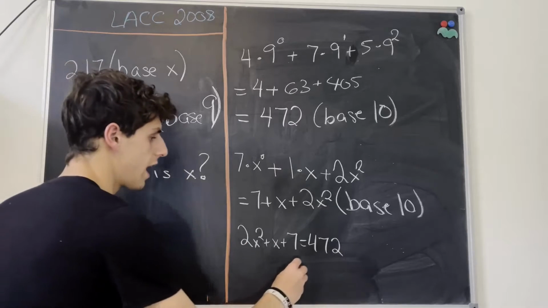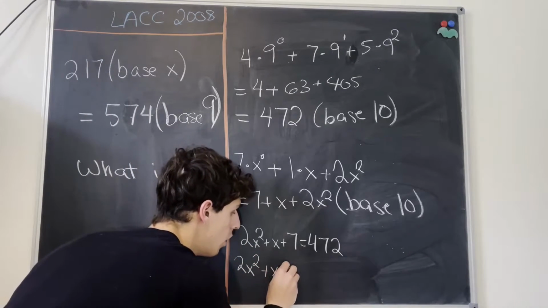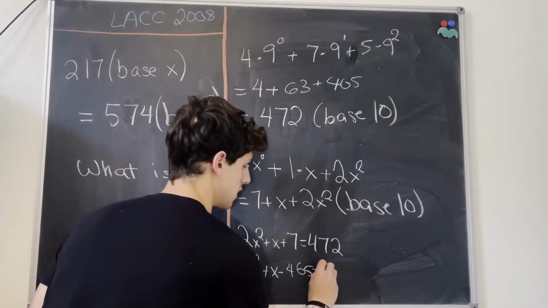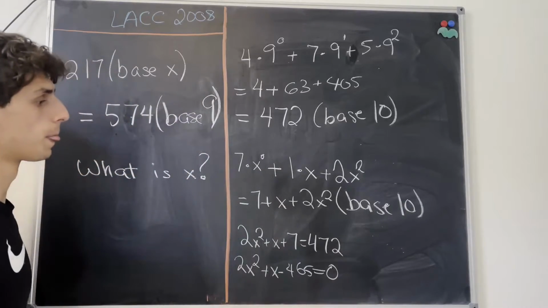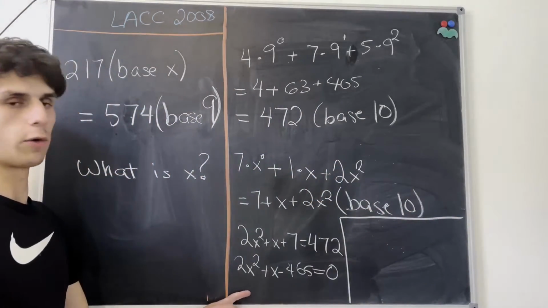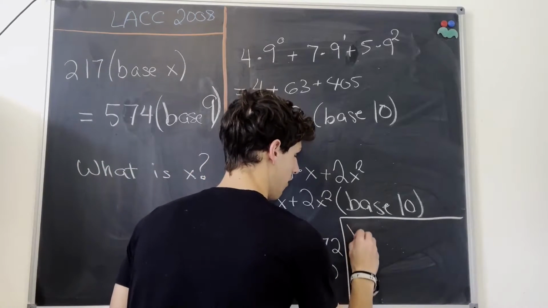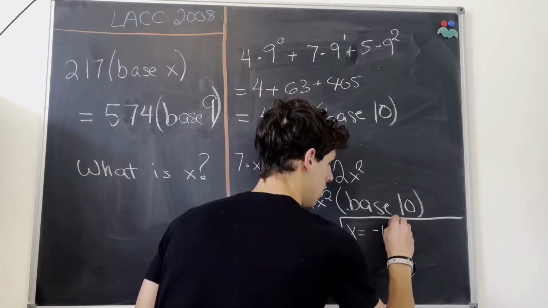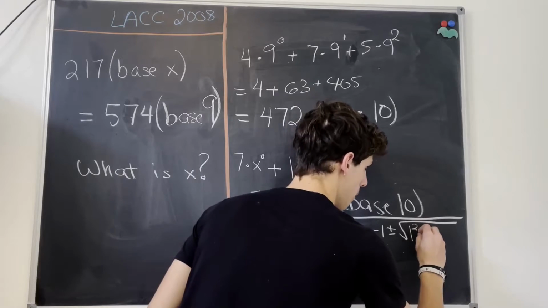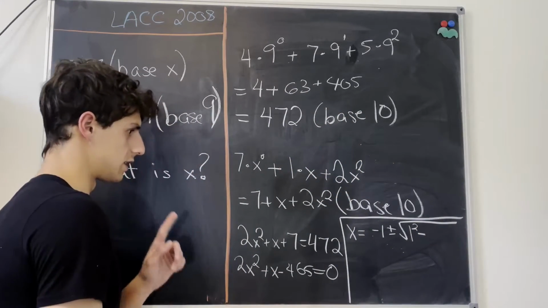But now we can subtract 472 from both sides of the equation and we're left with a simple quadratic. So we have 2x squared plus x minus 465 equals 0. But now what we can do is take this quadratic equation and use the quadratic formula to solve. So we'll have x equals -1 plus or minus the square root of 1 squared minus 4ac, but that's 4 times 2 times -465.